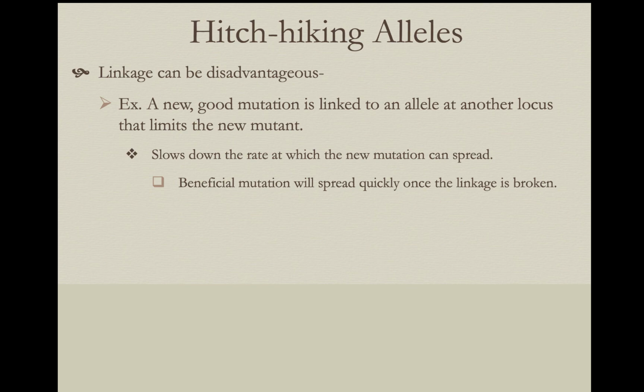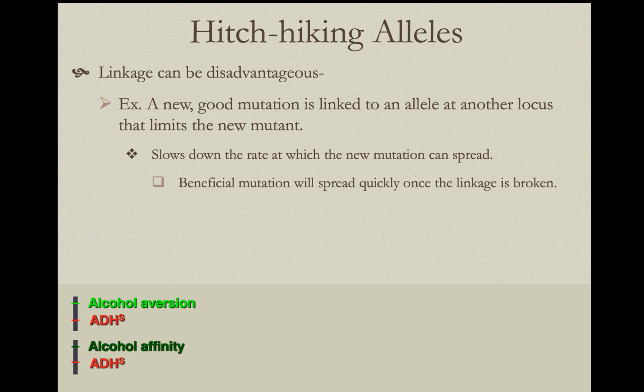So in this case, it might slow down the rate at which this mutation could spread in the population. If this is the case, though, eventually this mutation could spread quickly if the linkage disequilibrium is broken up by recombination.